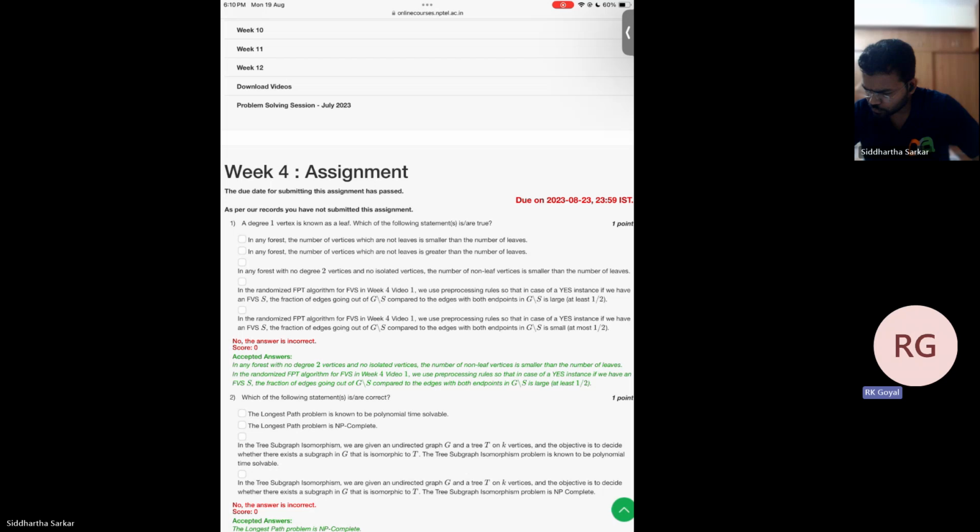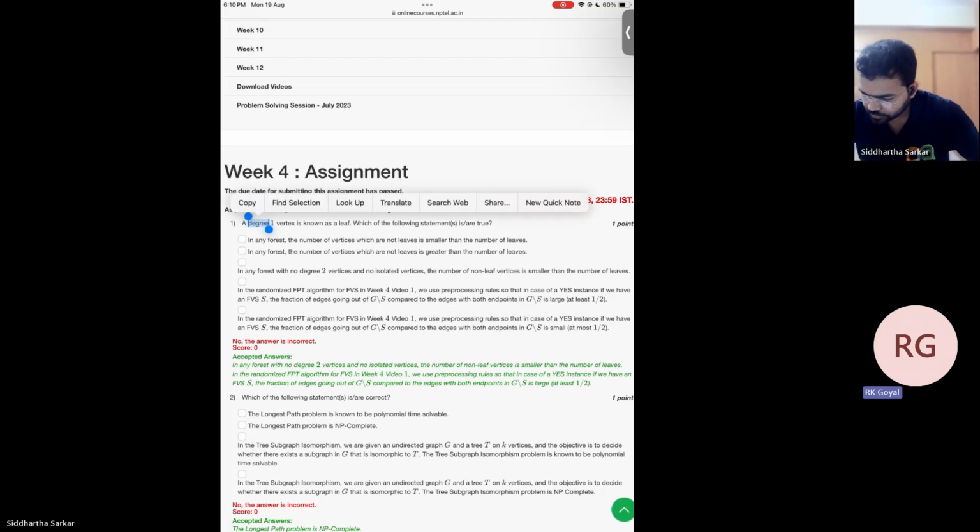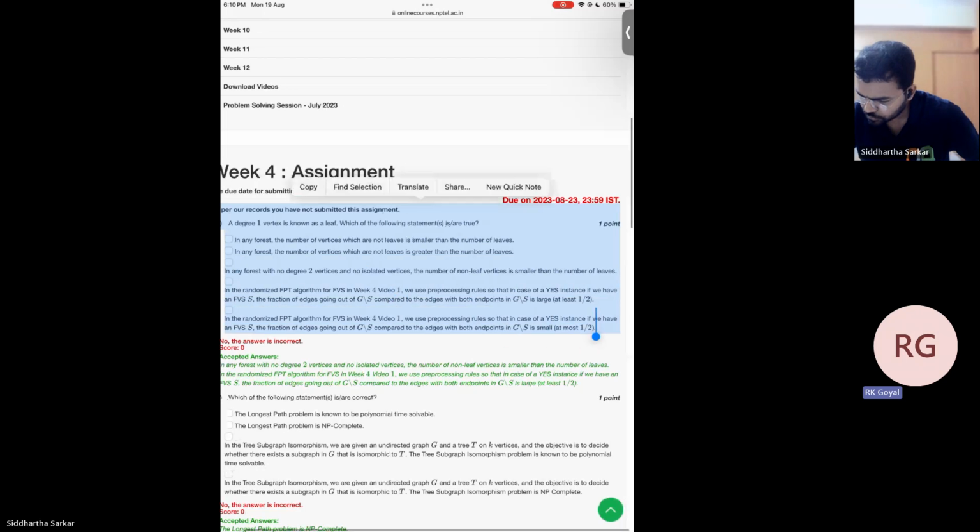If there are n leaves, then I guess there would be n plus one internal nodes. So if that is the case, then the first statement I think will not be true.